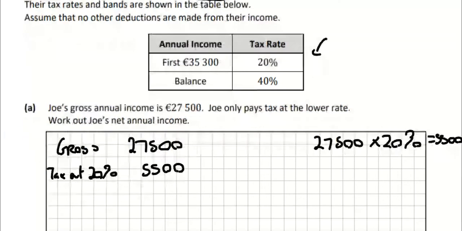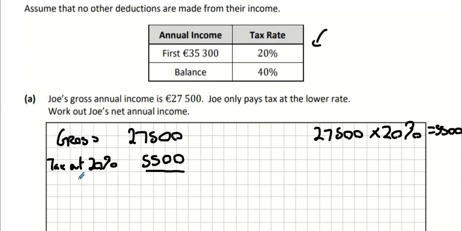Now this is how much tax he's meant to pay. But he's not going to pay all that because he has what's called a tax credit of 3,300. Once he takes away that tax credit of 3,300, this gives you tax payable, or income tax. Tax payable means the tax you're actually going to pay.